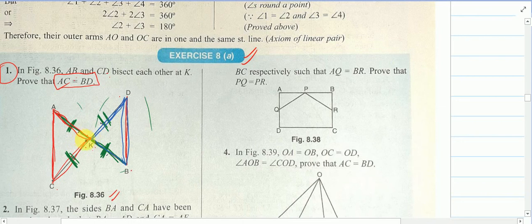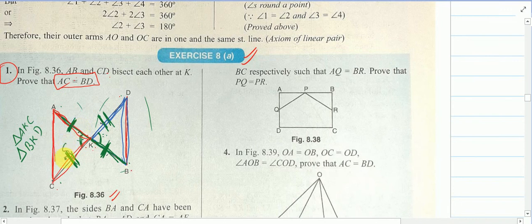And further we observe that this angle will be equal to this angle, vertically opposite. So we have two triangles over here: one is AKC, and the other one is BKD. You can clearly see that this side is equal to this side, and this angle is equal to this angle.